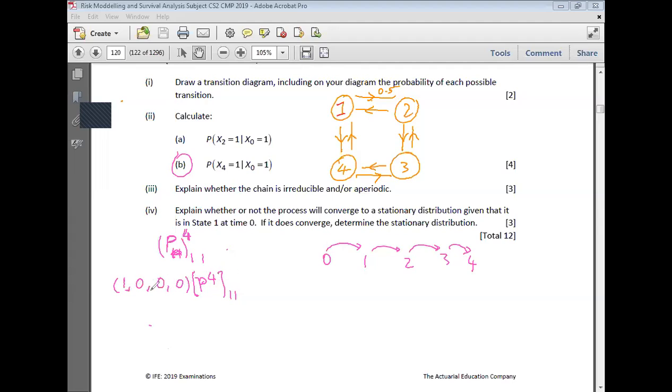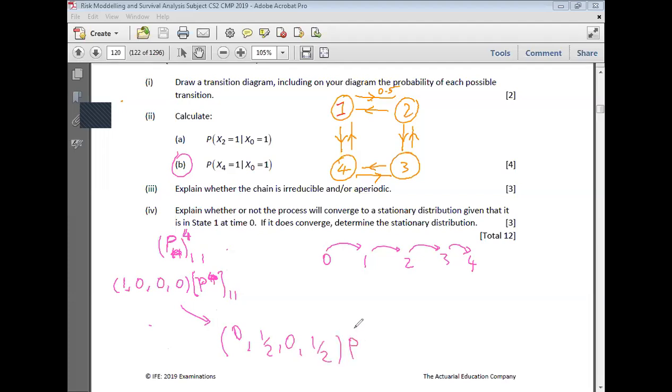But this will only be the case for the very first multiplication, because once you do this, what you will get here is this thing times P. From 1, you can only go to either 2 or 4, right? So you will have 0 here, a half here, a 0 here, and a half there. So this is what you will have now.